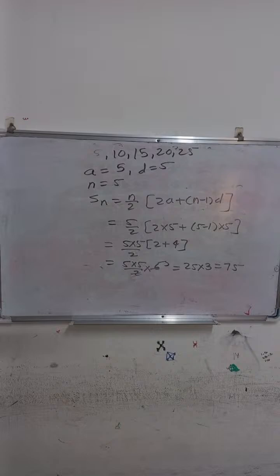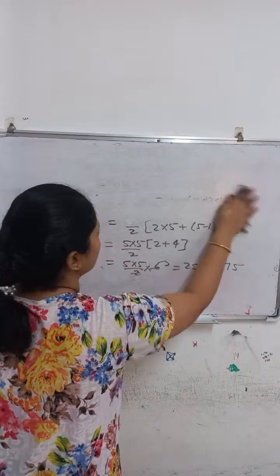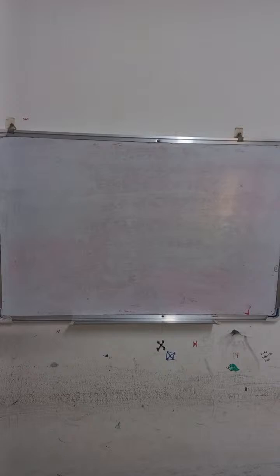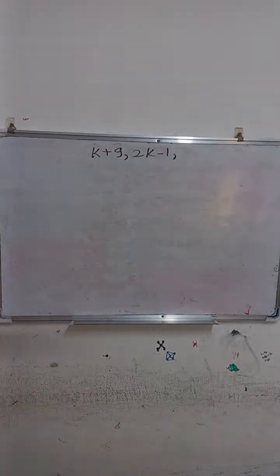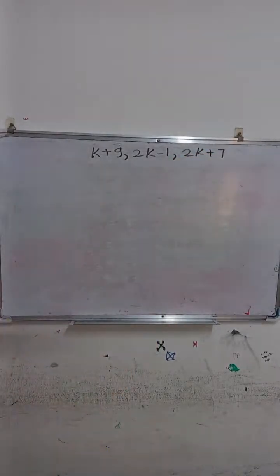For what value of k will k plus 9, 2k minus 1 and 2k plus 7 be the consecutive terms of an AP?